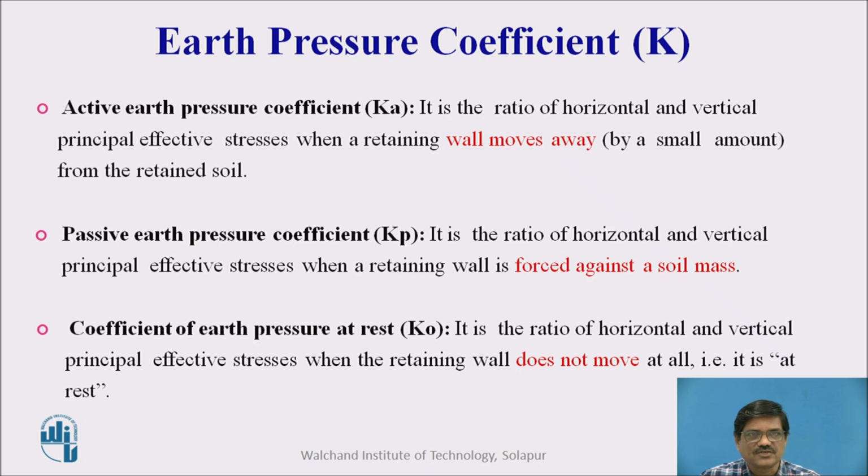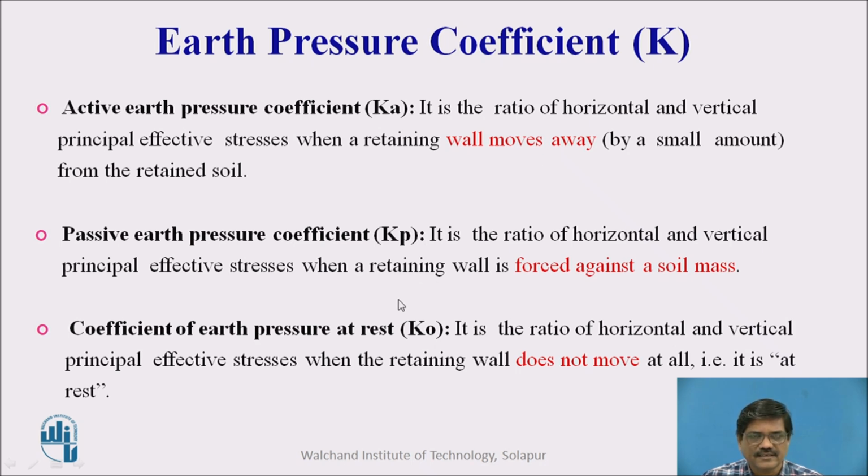So lateral earth pressures have nomenclature depending upon the types of pressure. If the condition is of active earth pressure, then that is called the active earth pressure coefficient. It means it is the ratio of horizontal and vertical principal effective stresses when the retaining wall moves away from the backfill.